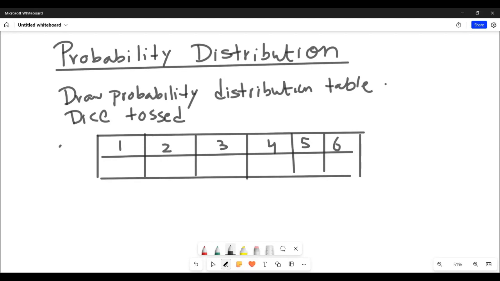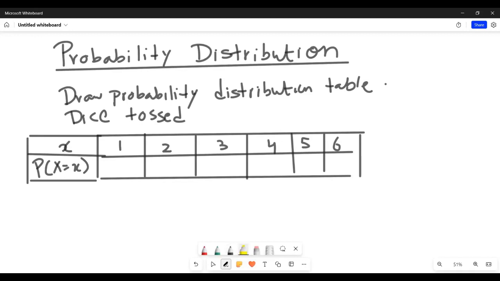We write x here and we write probability x equals x here. In the question, usually the capital X is defined, and we'll talk more about that when we do the actual past paper question. Okay, so just for now, remember that this is the format of drawing a probability distribution table.